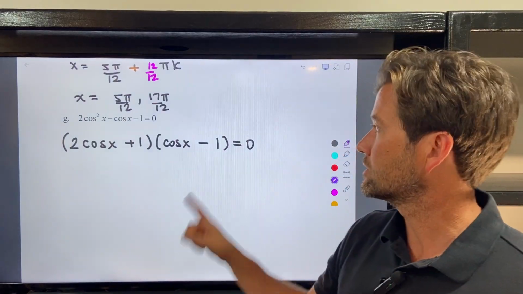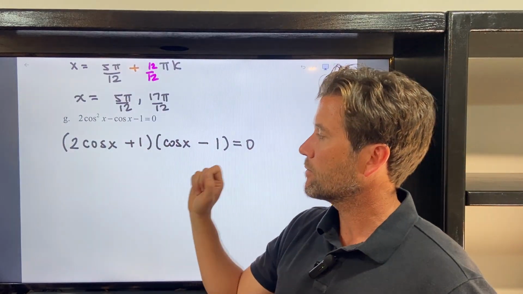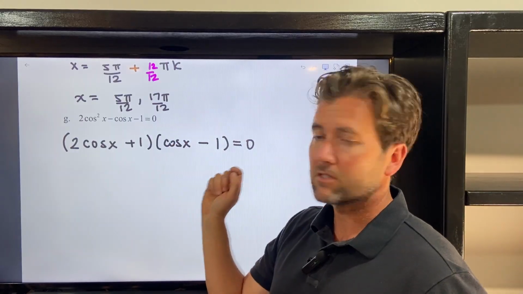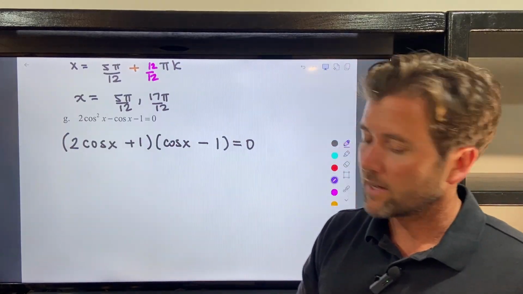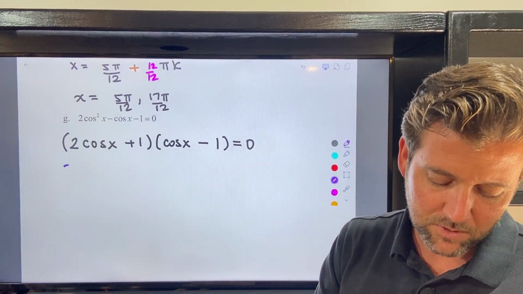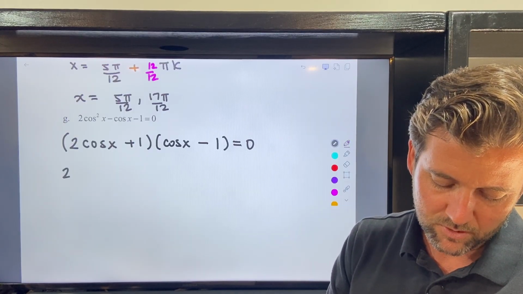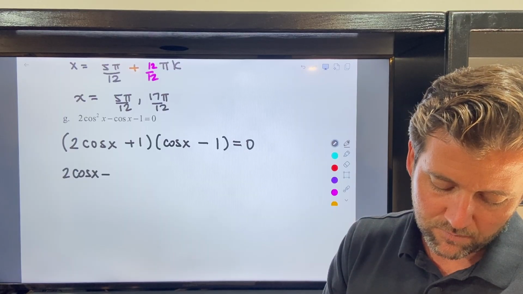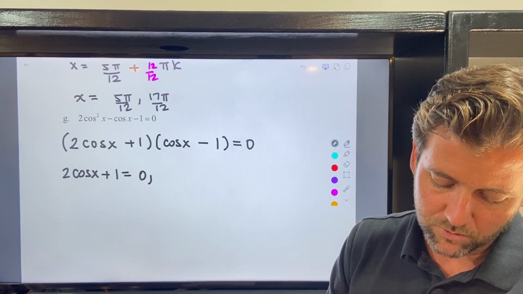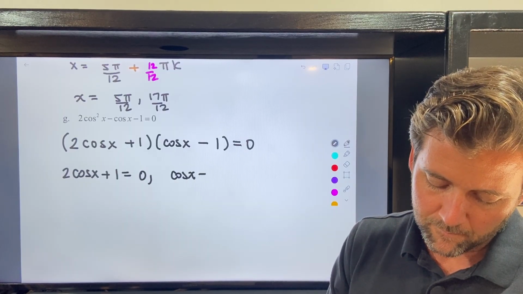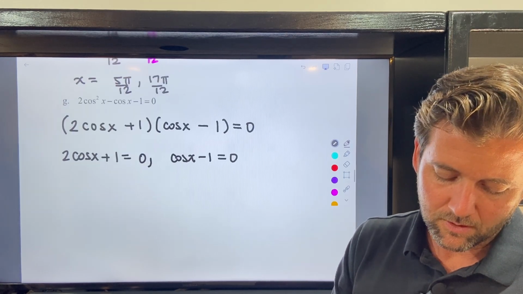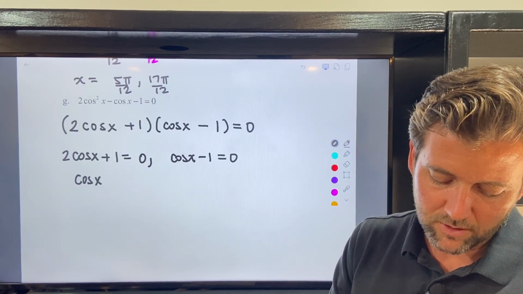Now you use the zero product property. This product, if it's going to be 0, then one of these factors has to be equal to 0. So I'm going to set each of the factors equal to 0. I'm going to solve for cosine of x.